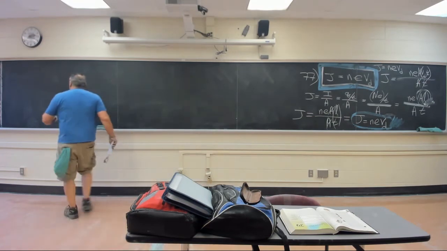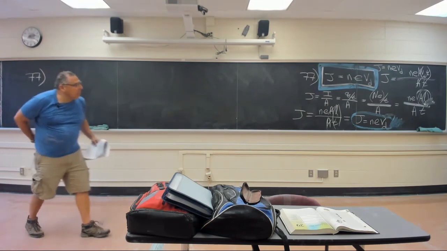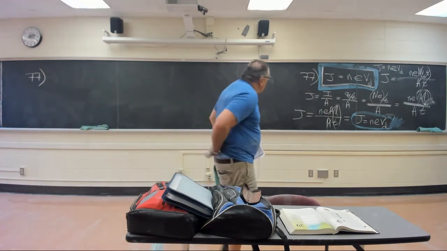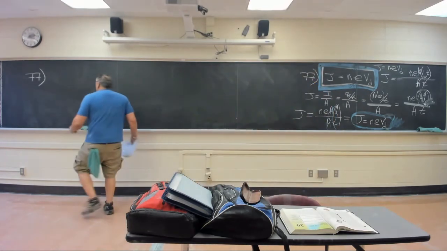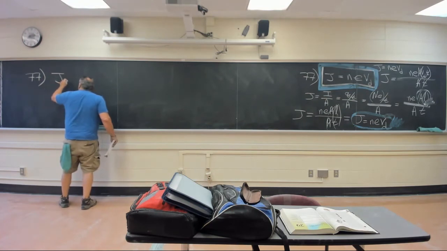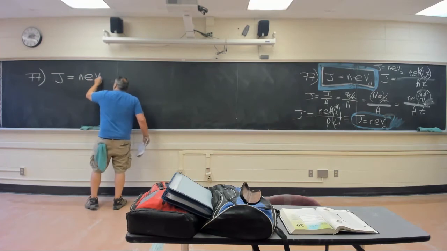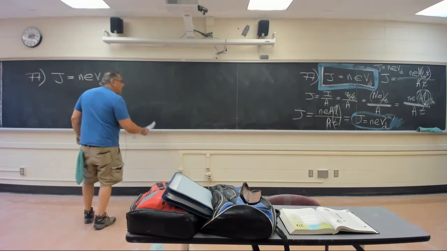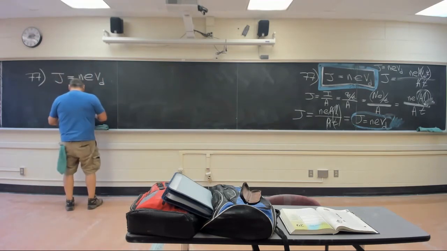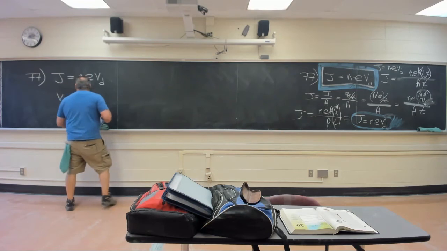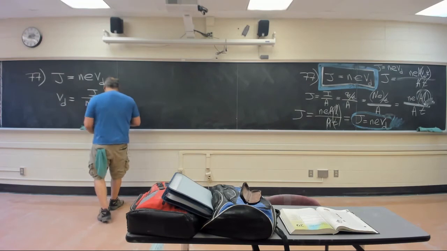You're looking right at it. In all that process, we got J equals N E V sub D. So V sub D equals J over N E. So far, so good.